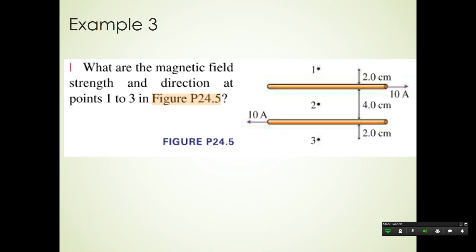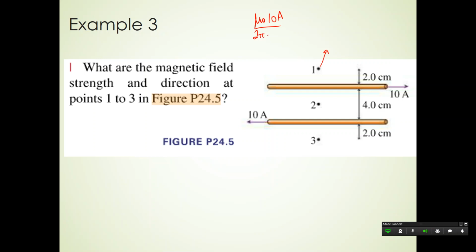And you can figure out the mathematics by just applying the formula. Yeah, you would have to do that. So in this case, for point 1, I'll just write down the equation. Mu naught times 10 amps divided by 2 times pi times, what's the distance from the first wire?